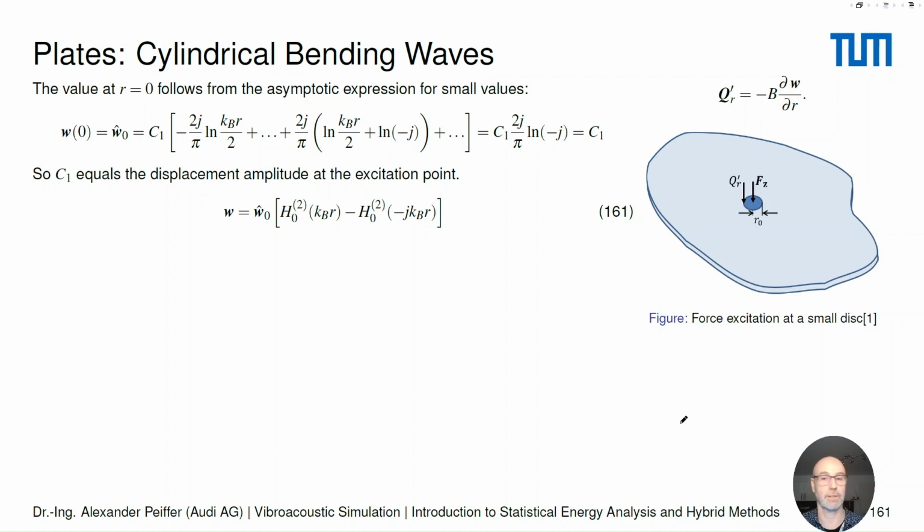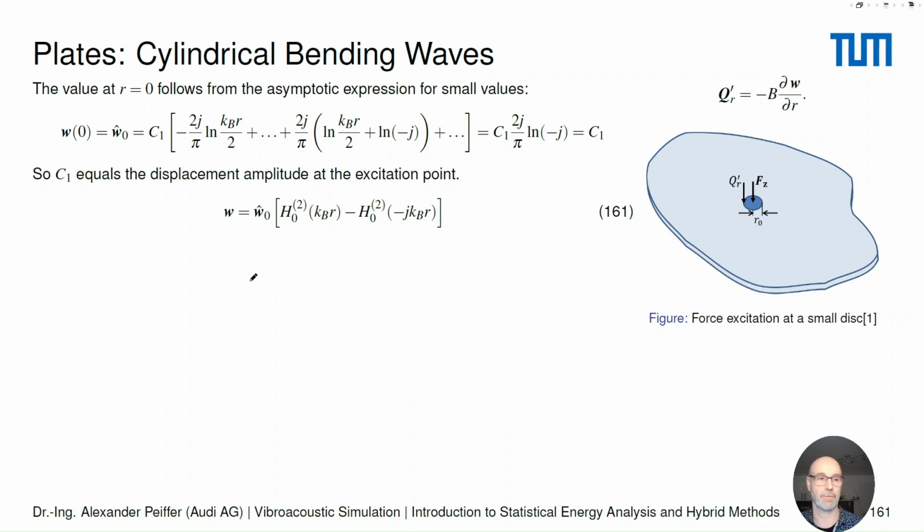Now the question that we finally need is, how can we relate this to the force? In order to relate this to the force, we assume a small circle with radius r0, and we consider the stress per length in z direction, and this is given by the bending stiffness and the derivative of the displacement.